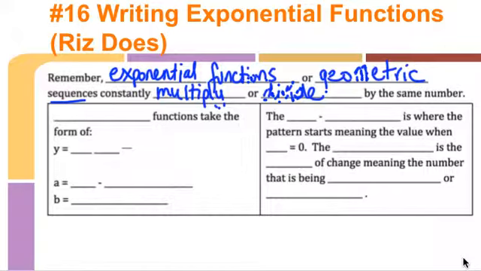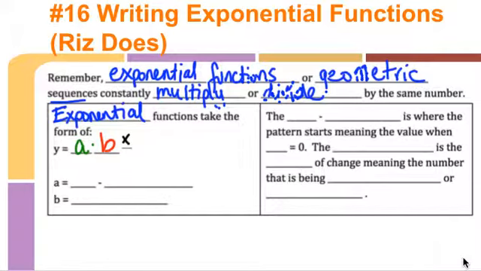So exponential functions take the form of y equals a times b to the x power.